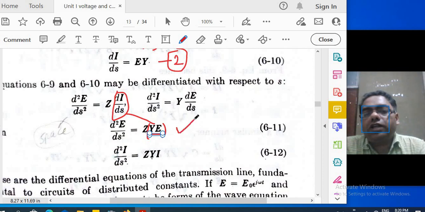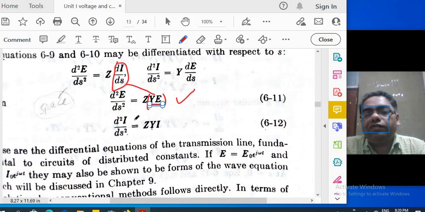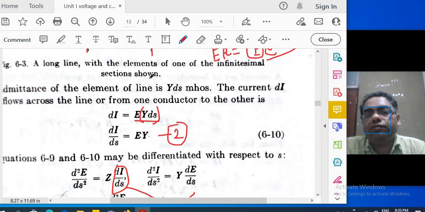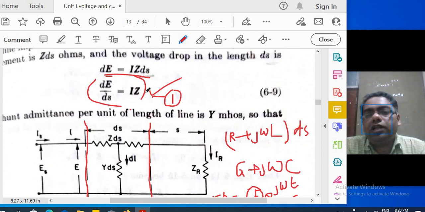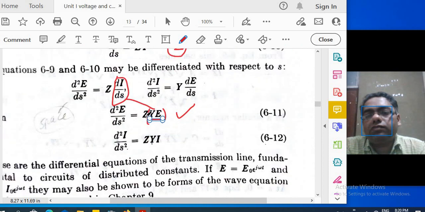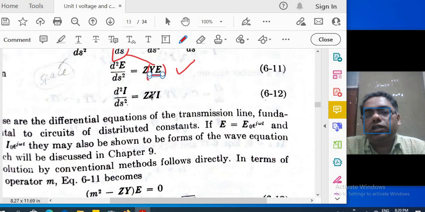So this is one equation, and another equation we are getting is d square I by ds square equal to y into dE by ds. This dE by ds we can write from here as I into z.